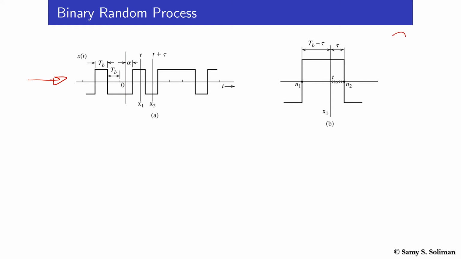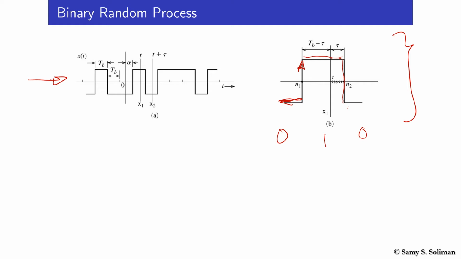If we focus on one of the pulses like here, we can see that we have some transition here from negative A volts to positive A volts, and again here from positive A volts to negative A volts, as if we have bit 0 here, bit 1 here, and bit 0 here. And again, our origin can be arbitrarily located anywhere within the bit duration. What we need to do right now is to calculate the average of this random process, its autocorrelation function, and its power spectral density.